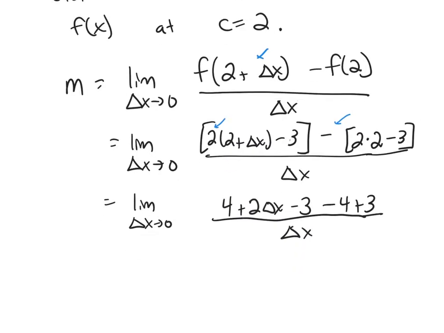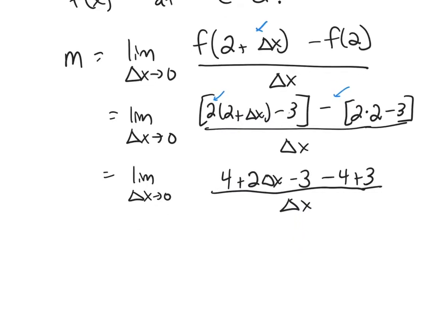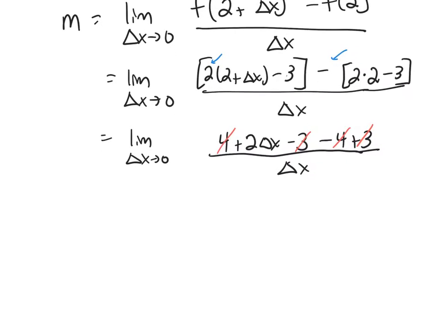And now you should see that this 4 and this minus 4 cancel, this minus 3 and this positive 3 cancel. So what I'm left with is the limit as delta x goes to 0 of 2 delta x over delta x. And now the delta x's cancel.